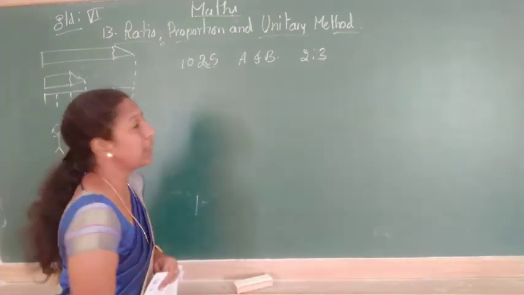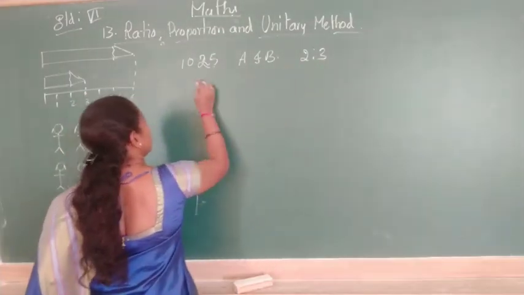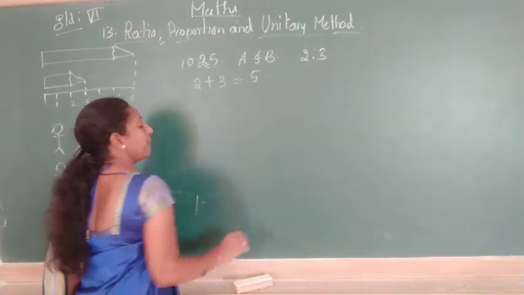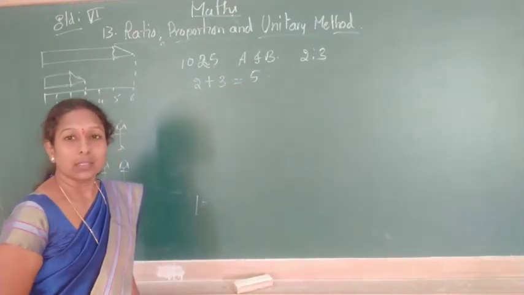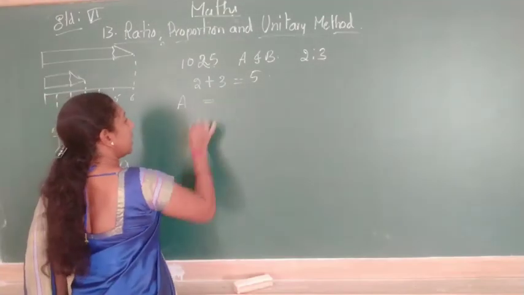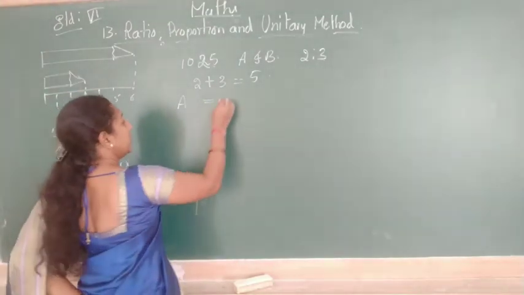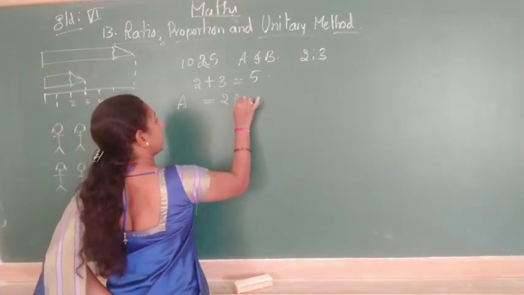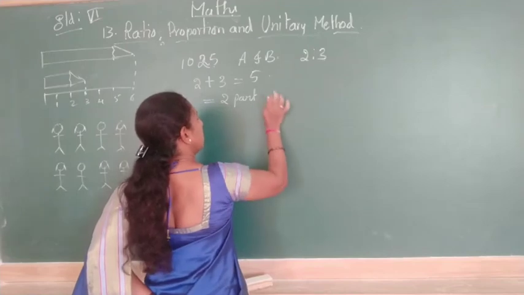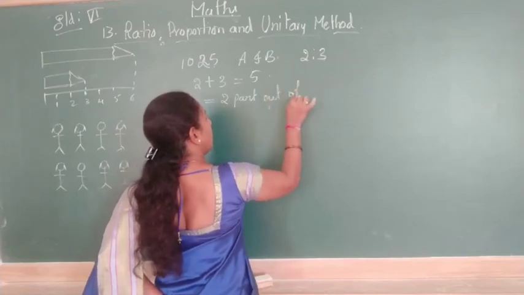First, what I will do is add these two numbers. 2 plus 3, that is how much? Total is 5. So what is A's part? A will get 2 parts out of 5.